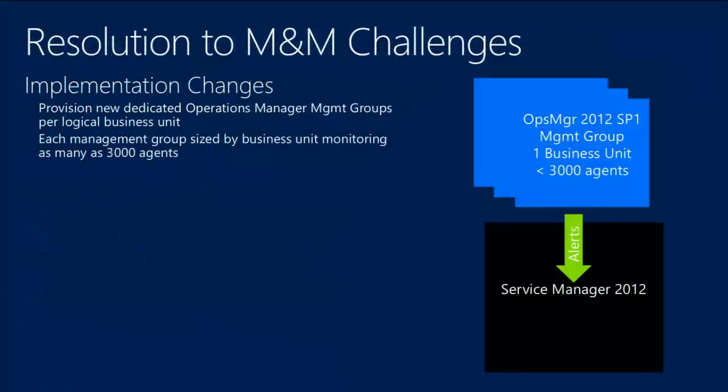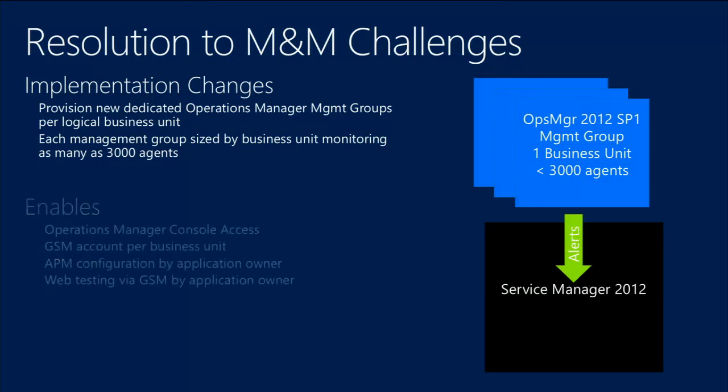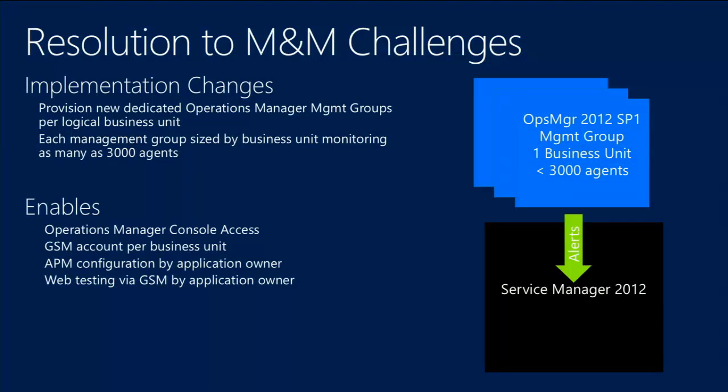So what did we do? We've moved now. All of our business units have their own dedicated OM environment. We still have a large shared environment that provides some failover redundancy as well as does some of the base monitoring. But all of the application monitoring is now done in their dedicated instances.